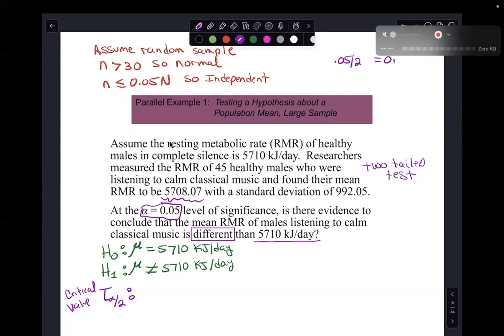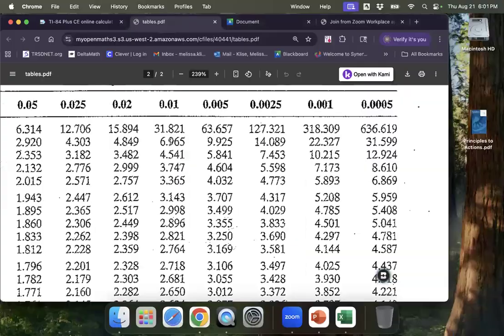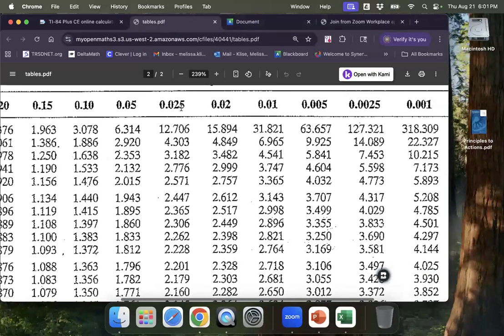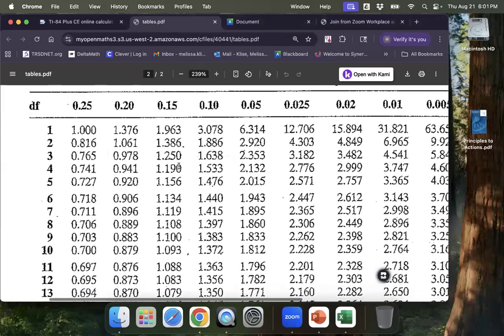You remember this from confidence levels? Remember with confidence levels, we had to cut that alpha in half, right? So we're going to use 0.025. We're going to be in this column and we're looking for 45.